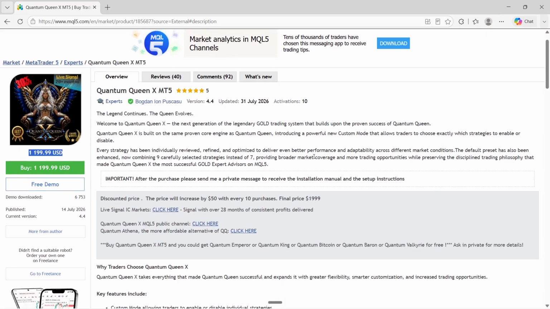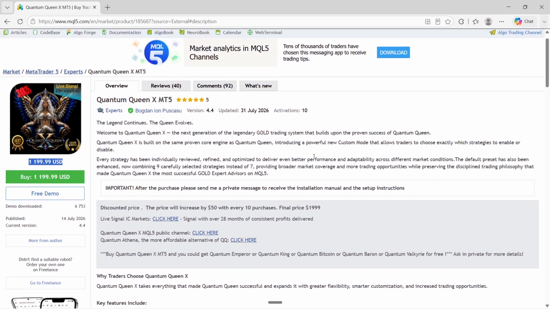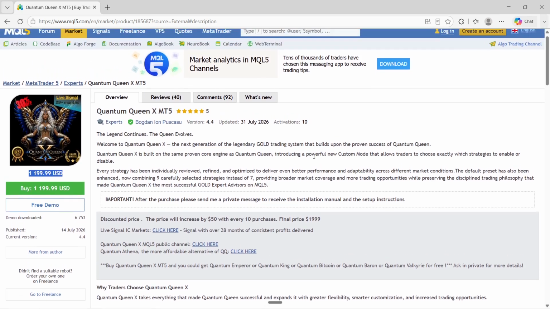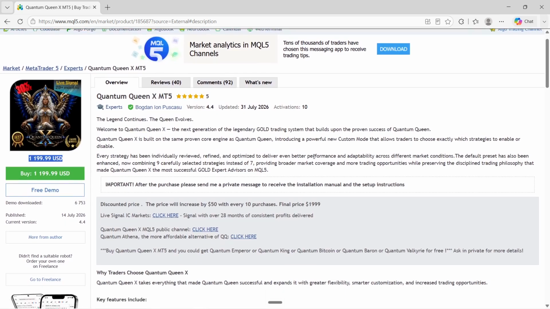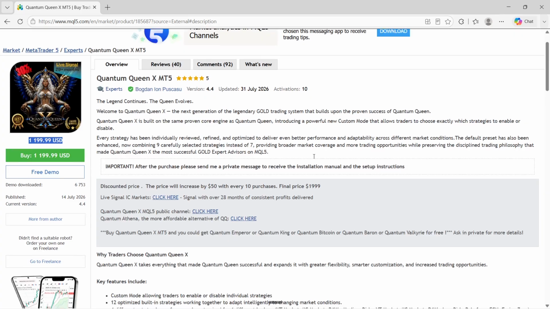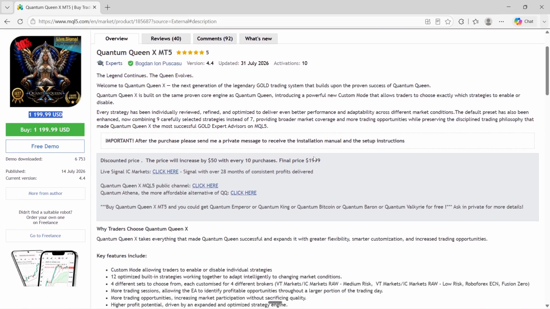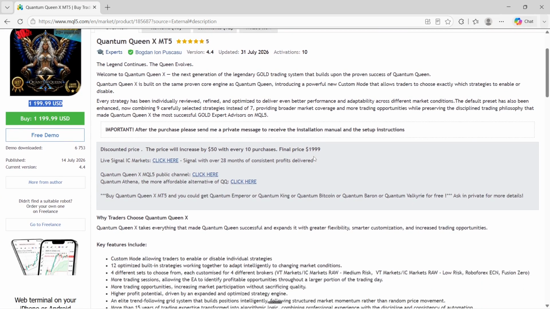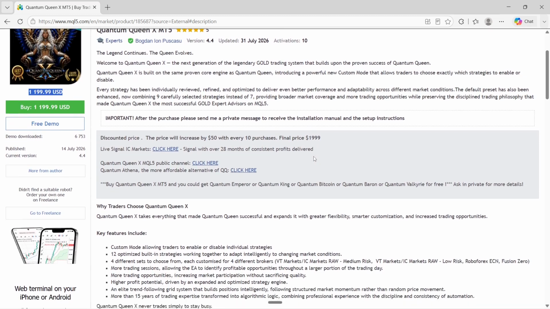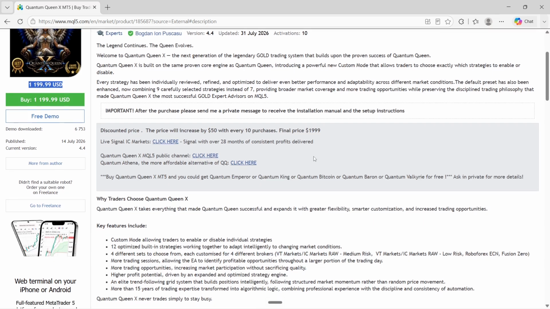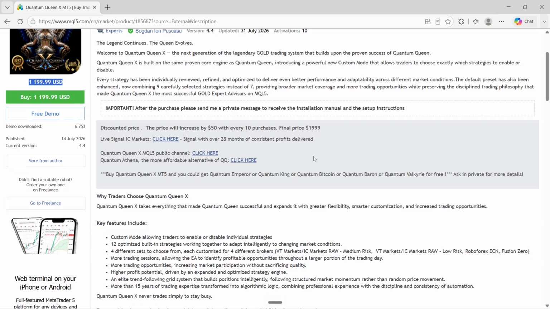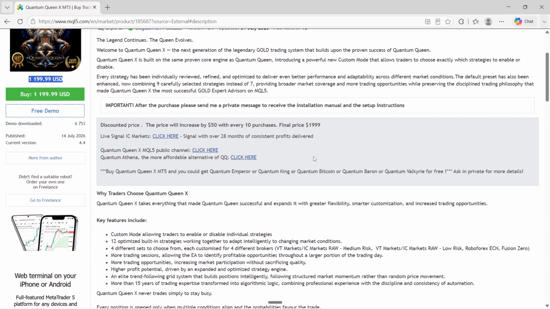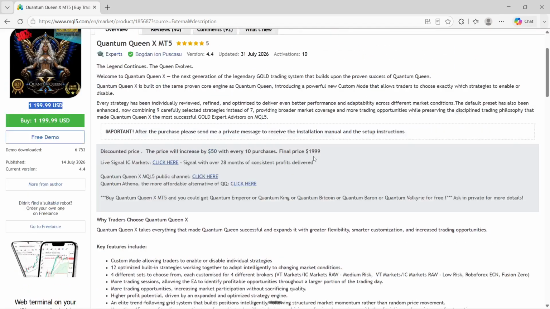So it includes 12 optimized built-in strategies overall, more trading sessions, and then a light trend following grid system that builds positions intelligently by following structured market momentum rather than random price movements. The developer emphasizes that the EA does not trade simply to stay busy and waits for multiple conditions to align.